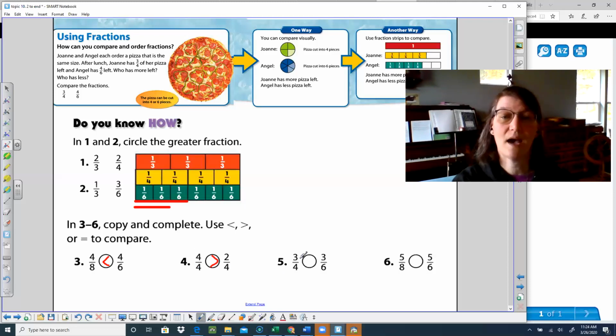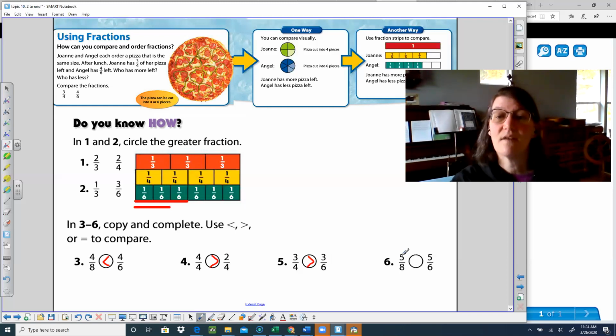Okay, now back to same numerator. If two fractions have the same numerator, the fraction with the greater denominator is the smaller fraction. So do your alligator mouth. And hopefully you just did that.